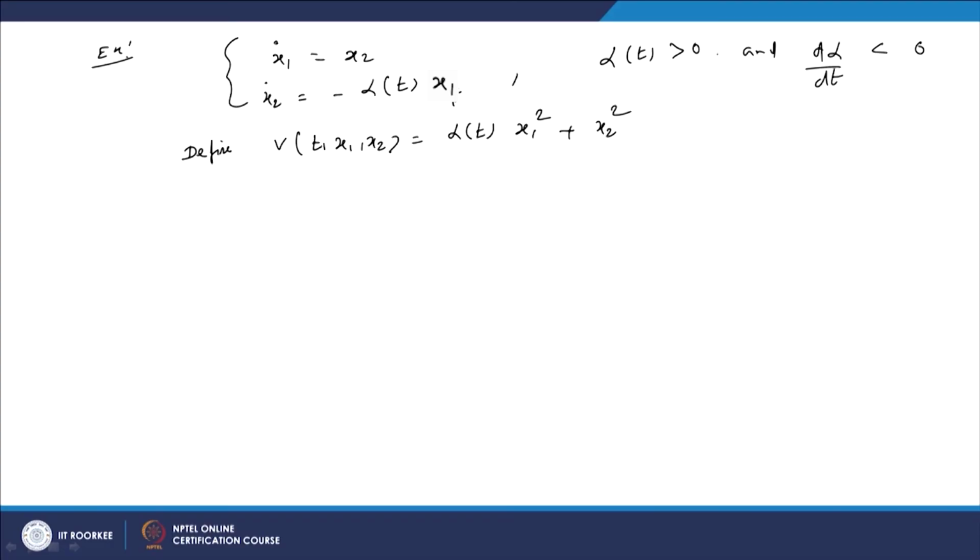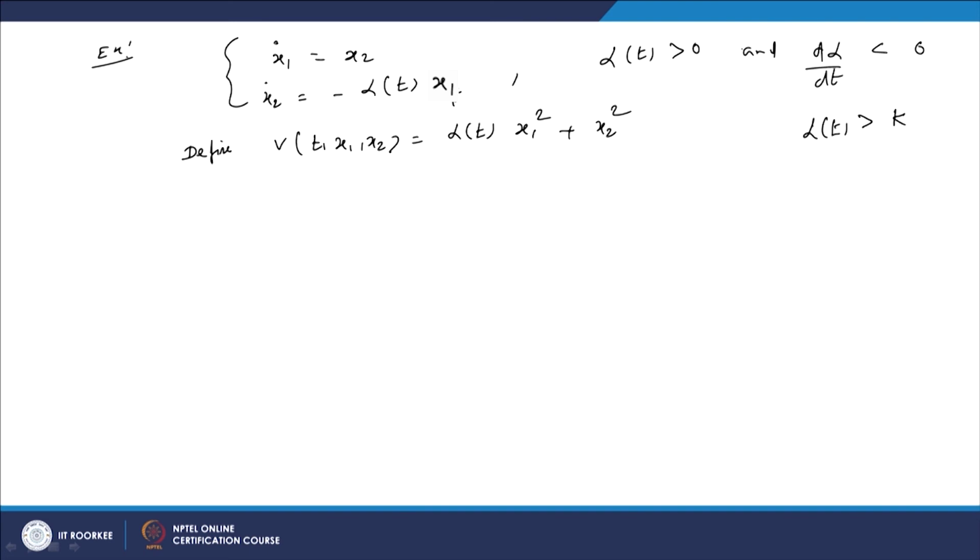Okay. So, now we can take the Lyapunov function v to be like this. So, it is a positive definite function, and because alpha is strictly greater than 0, there should be a value greater than some positive constant k.